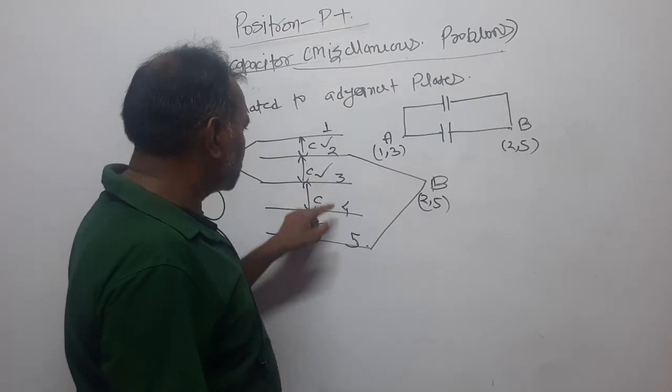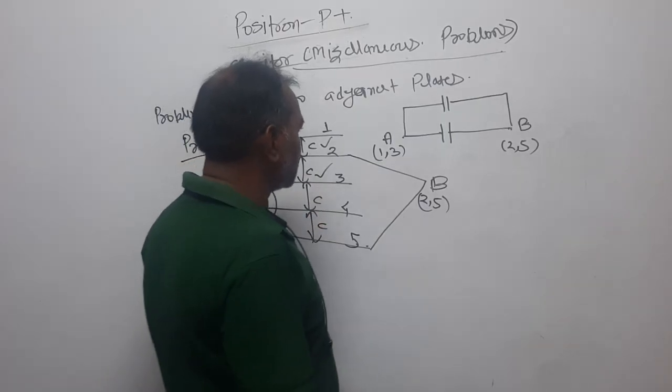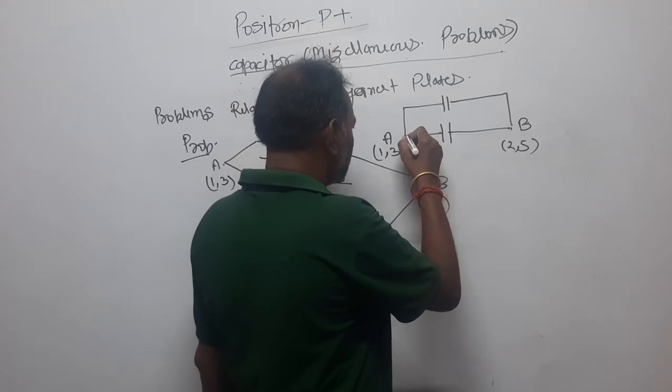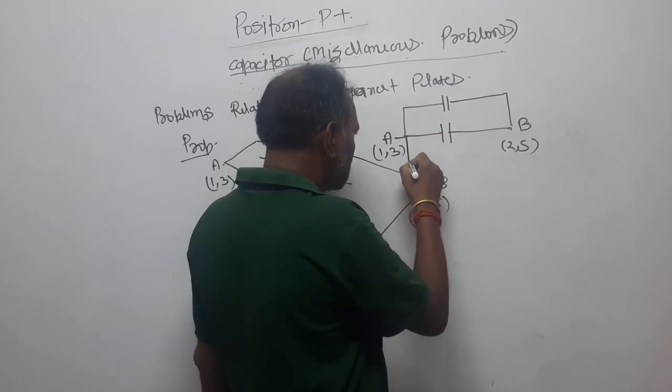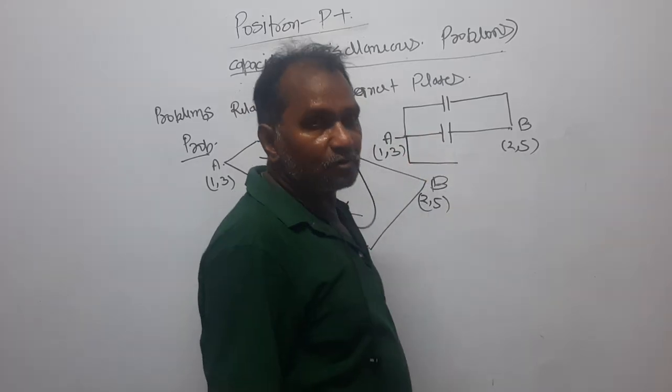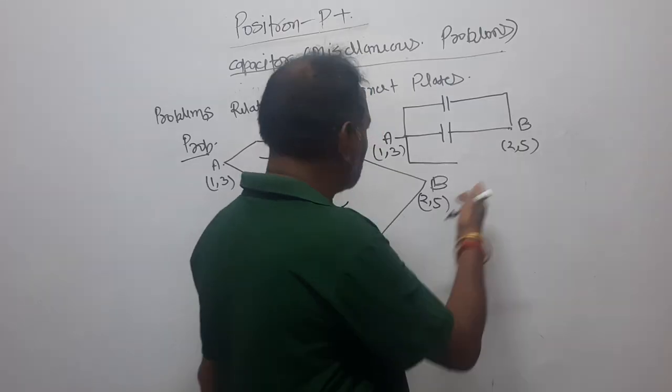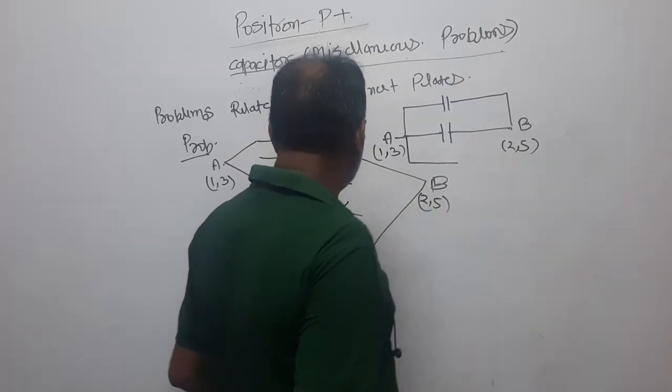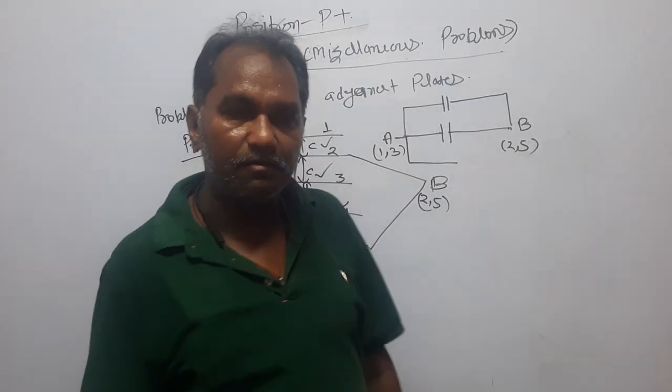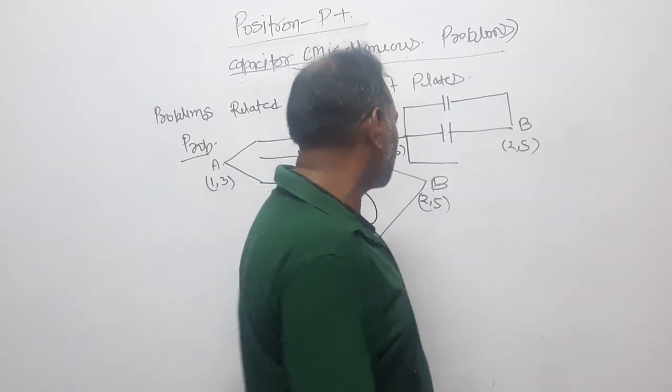Dear student, 3 and 4 make another one. Here 3 is marked but 4 is not marked, meaning 4 is not connected with either point A or B. So what we have to do?